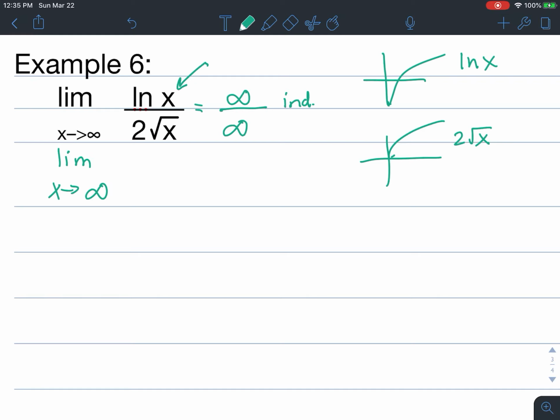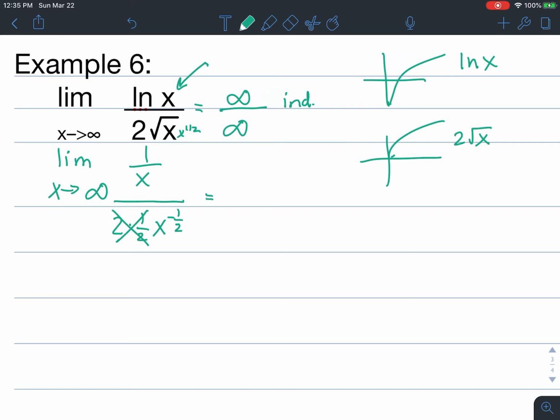Okay, so the derivative of ln x is 1 over x. And the derivative of 2 times the square root of x would be 2 times, and then this is really x to the 1/2, so that would be 1/2 x to the negative 1/2.